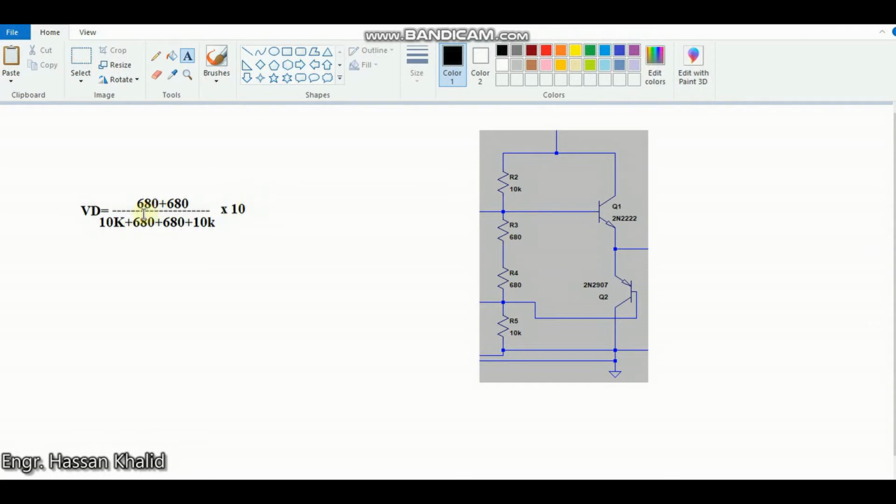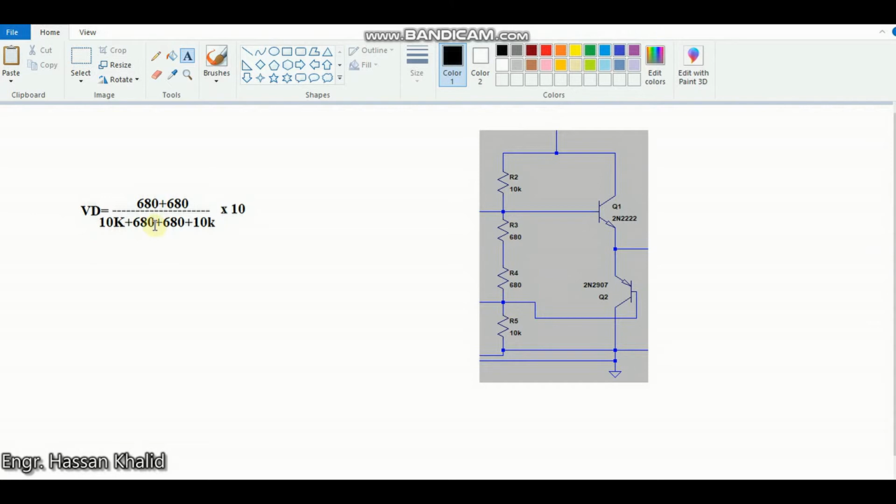Okay, now the voltage divider rule says that the voltage across this resistor is divided by the total number of the resistors that are connected in the series path.